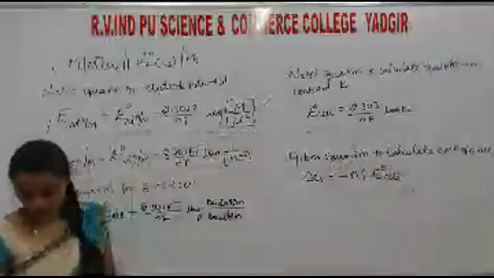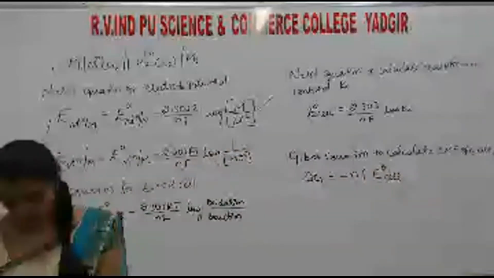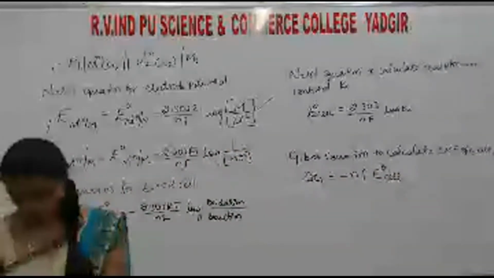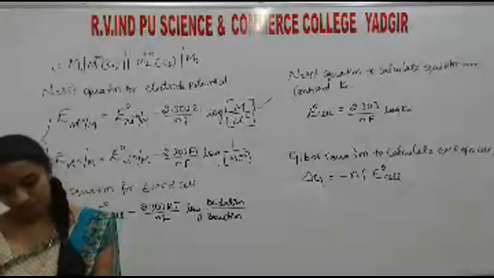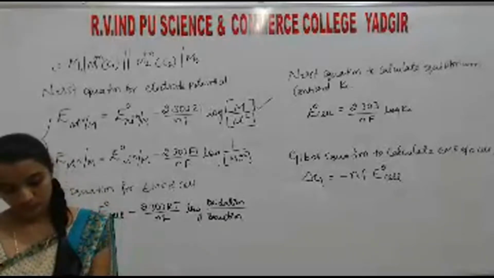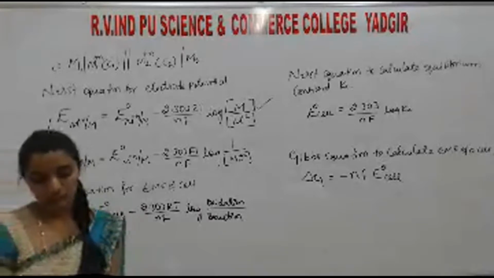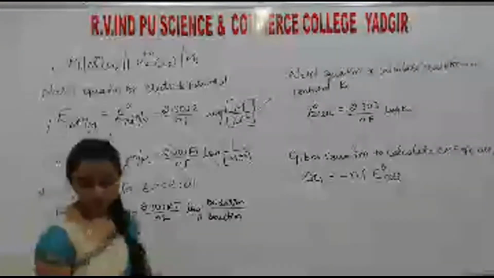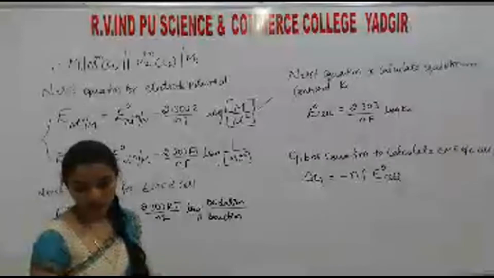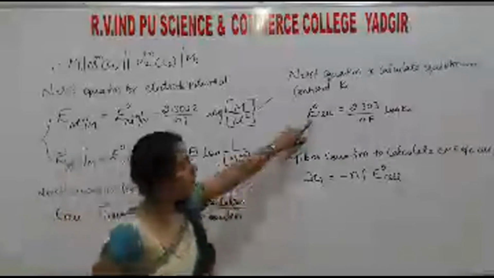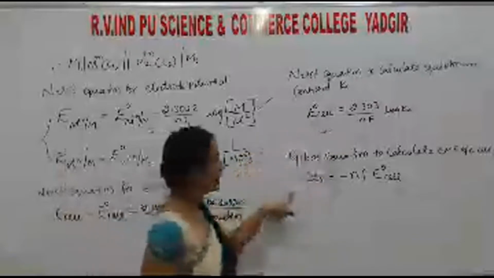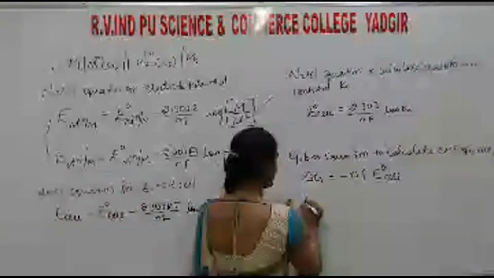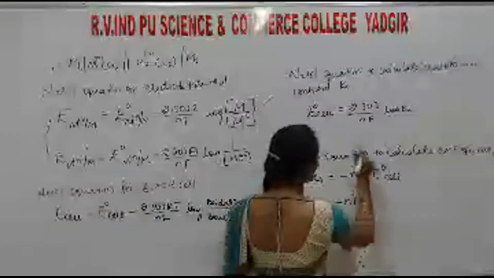Delta G is equal to minus NF E cell. Understand? You may also write this E naught cell value here. According to that, delta G is also equal to minus NF.